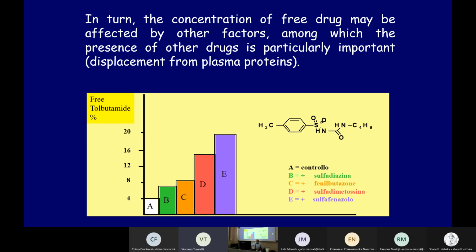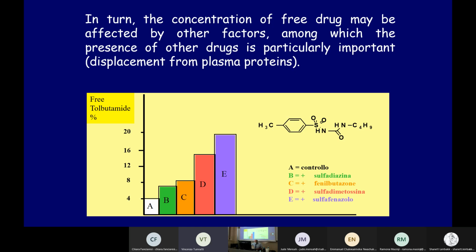If we use an antibacterial drug such as sulfadiazine, you see, a sulfonamide, a very old class of antibacterial agents. The chemical structures of the two compounds, tolbutamide and sulfonamides, are very similar.